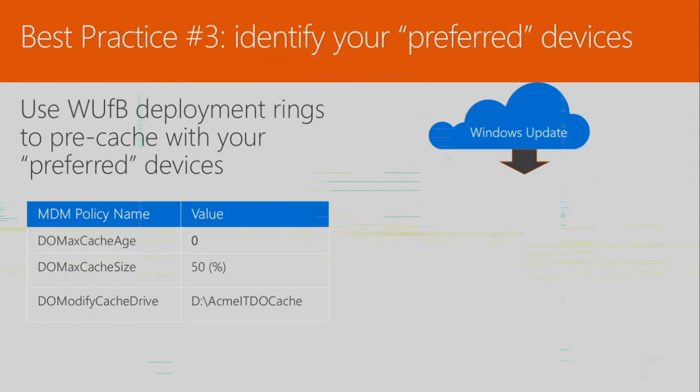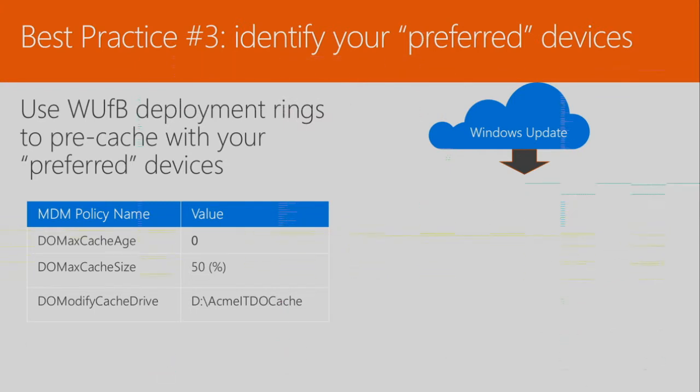Another important point here: if you are considering WUfB or piloting WUfB and you've set up your deployment rings, and by the way, Sandeep and I did a presentation yesterday about Windows Update for Business, so if you're not familiar with that, please go back and watch the recording.